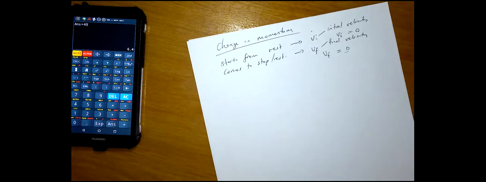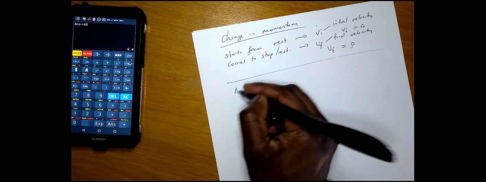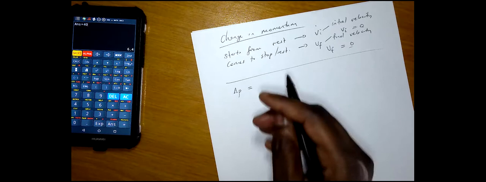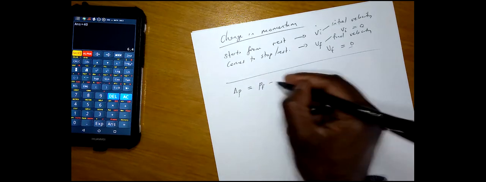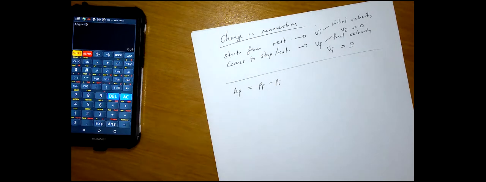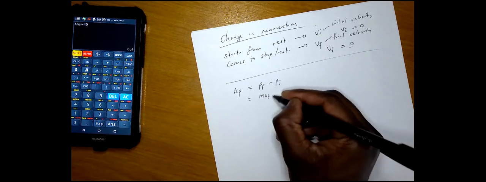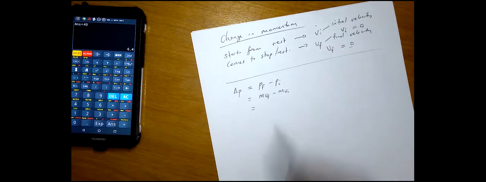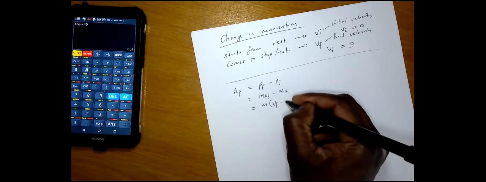Let's see what happens from there. What is change in momentum? Change in momentum is equal to your final momentum minus your initial momentum. Remember, it's m v final minus m v initial. We have the same m, so we can factor out m, and then we have v final minus v initial.